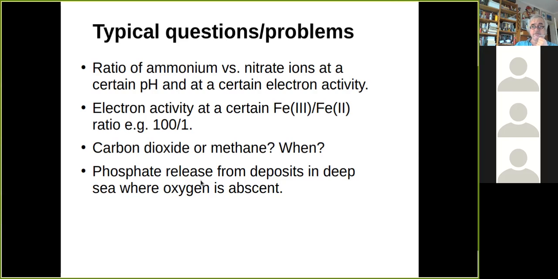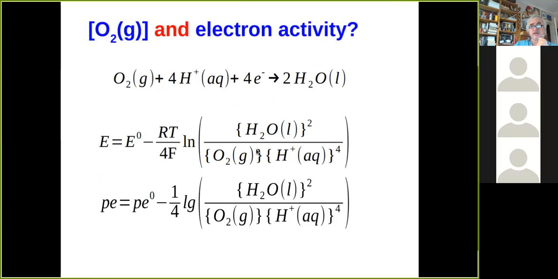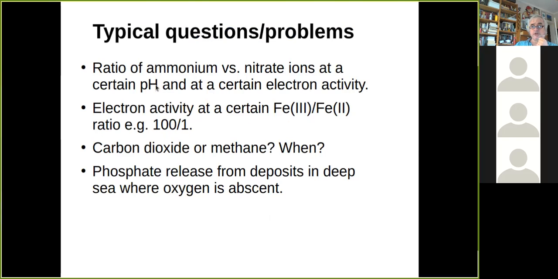Phosphate release from deposits in deep sea where oxygen is absent could be predicted via these redox discussions and equations. But it is a bit difficult to use formulas like the one that we looked at for the oxygen, for example. And the same applies to anything else.